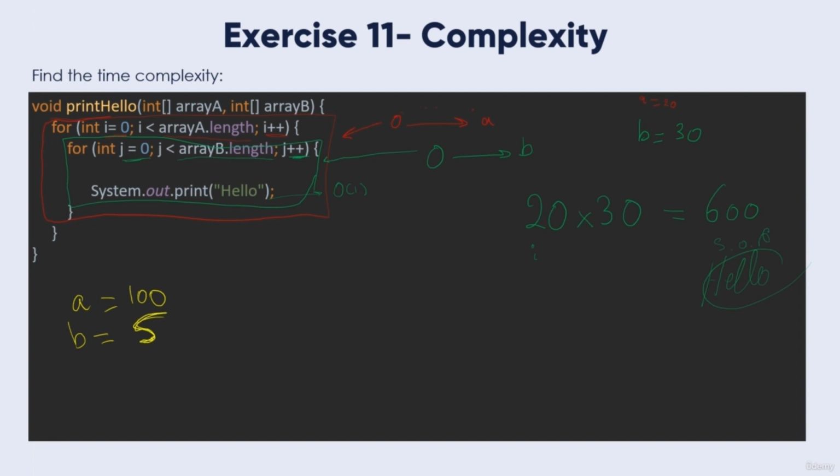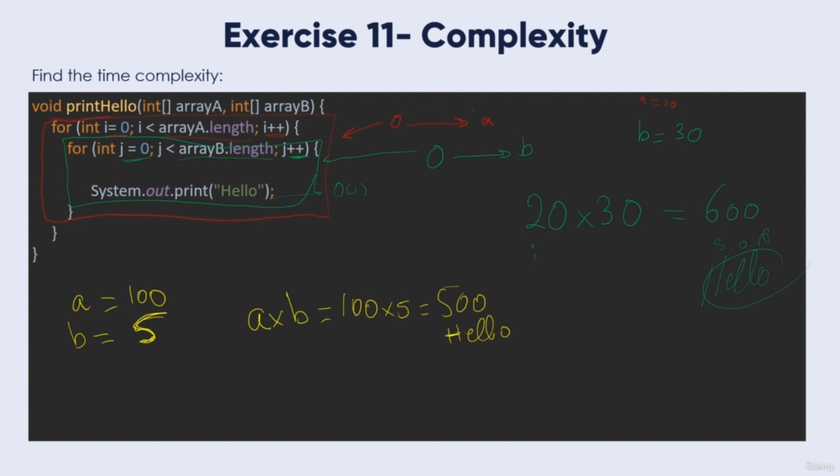We are going to loop through the outer loop 100 times, and in each iteration, we are going to print 5 hello. So the algorithm here will execute a times b, which is 100 times 5 equal to 500 hello. So we are going to see 500 hello if we change a to 100 and b to 5.